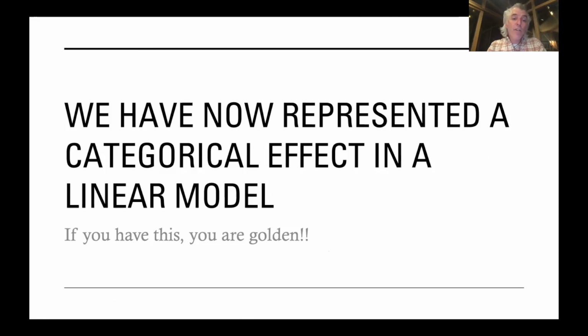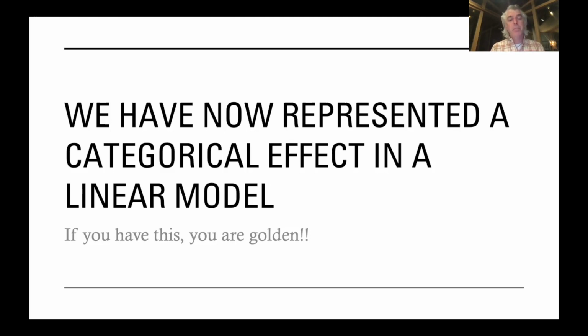So here we've gone over how we can use a general linear model to assess the effects of a categorical variable on a continuous response. Now, in this case, we were dealing with the simplest possible categorical variable that has only 2 levels.